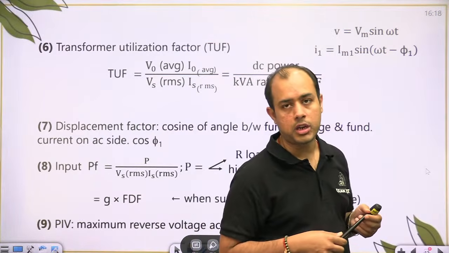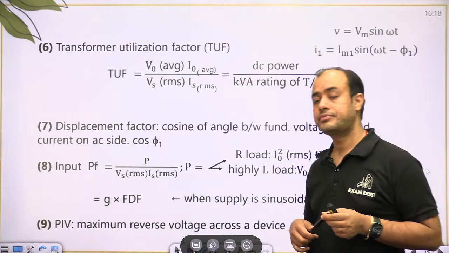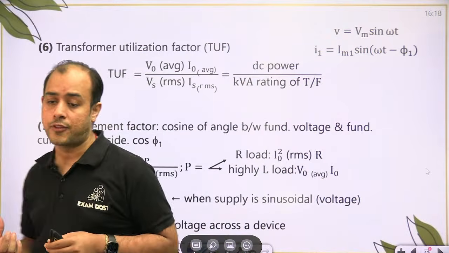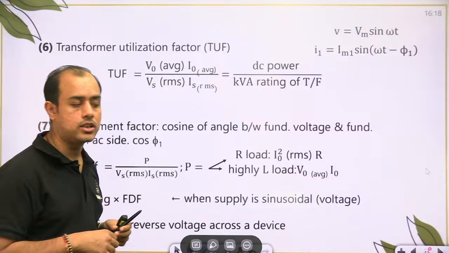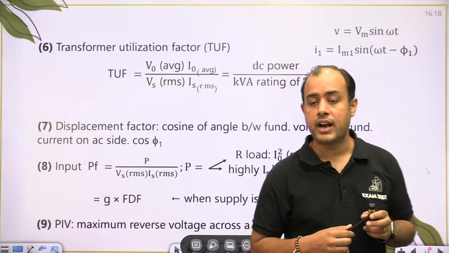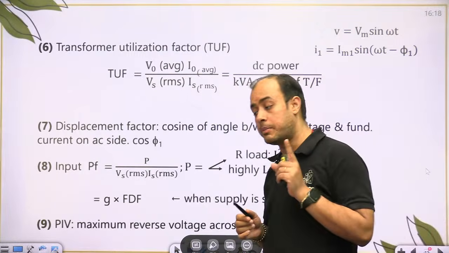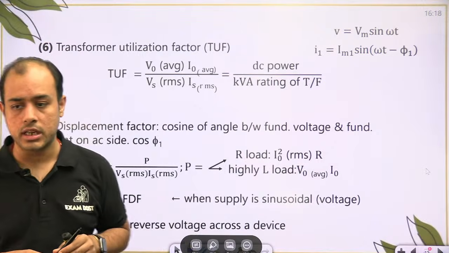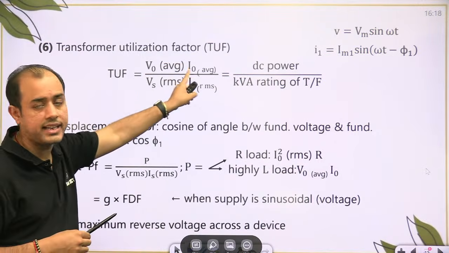Next is the transformer utilization factor, बेटा. It means how much of the rating of the transformer is getting converted to useful power. Now the desirable power in a rectifier is the power contributed by DC. Desirable power वो है जो DC contribute करती है, that is V average I average.